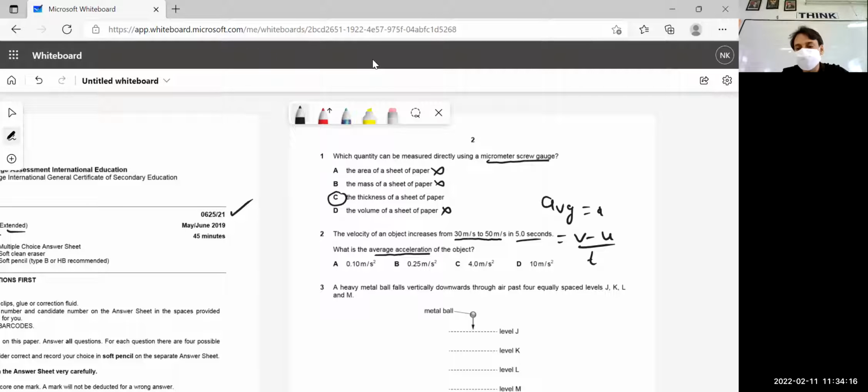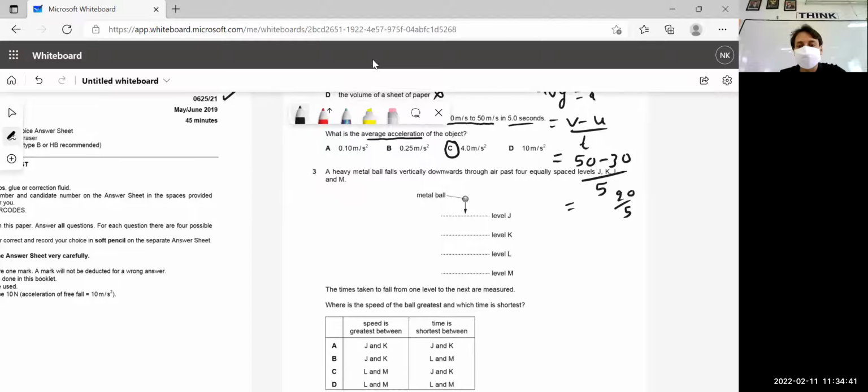That is the time rate of change of velocity. Final velocity is 50, initial velocity is 30, and the time period is 5. So 50 minus 30 is 20, divided by 5, that is equal to 4 meter per second square. Option number C.